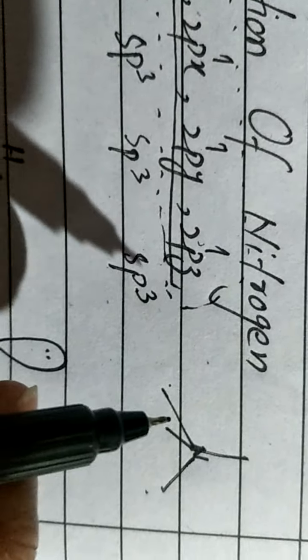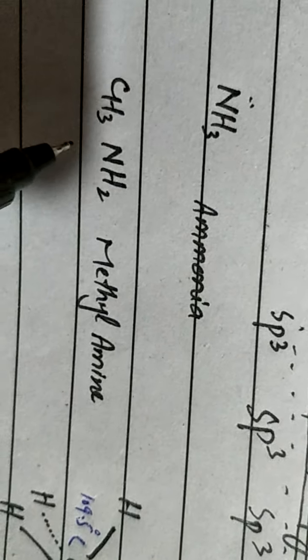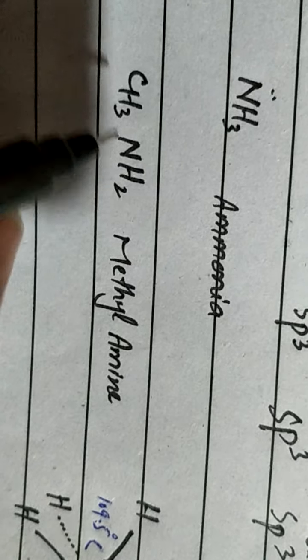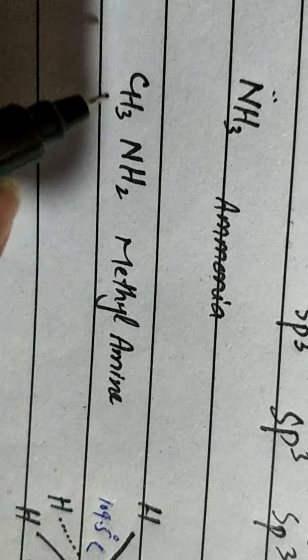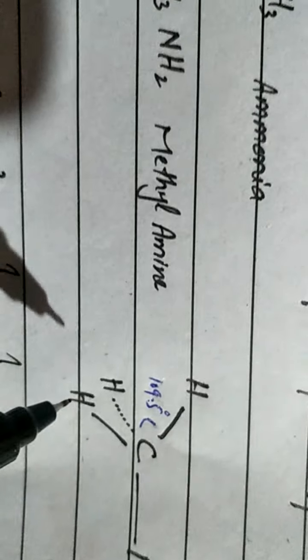of carbon do. So consider the formation of methylamine, CH3NH2. In methylamine, both nitrogen and carbon show hybridization. If we show its open structure, CH3, NH2.